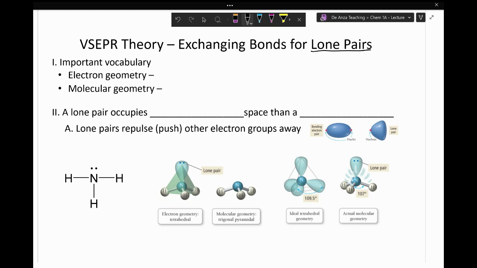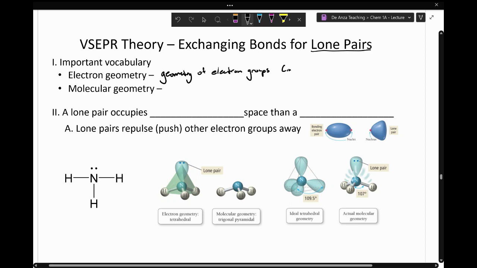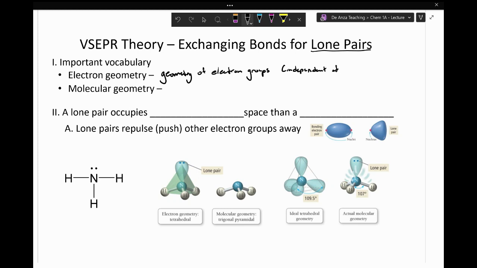And so we'll call the electron geometry the geometry of your electron groups. So this is going to be independent of if you have bonding groups or lone pair groups. So independent of type of electron group.